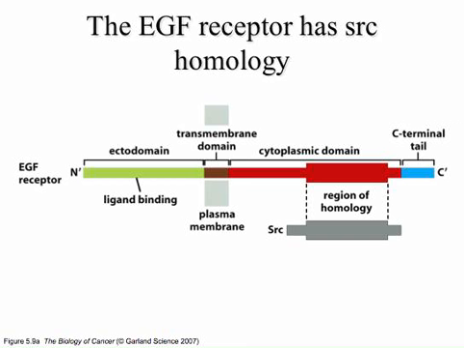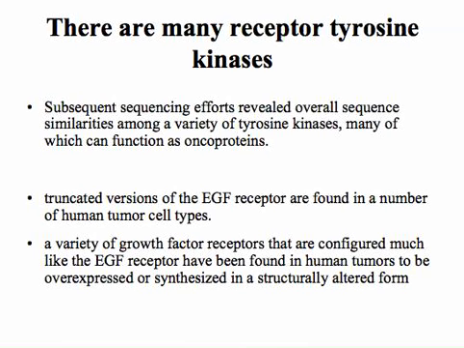This little diagram here shows that the EGF receptor has a region of homology with the soluble tyrosine kinase protein, and this is the tyrosine kinase domain of the receptor. So effectively, SRC and these receptors have the ability to phosphorylate other proteins and drive big changes within the cell.